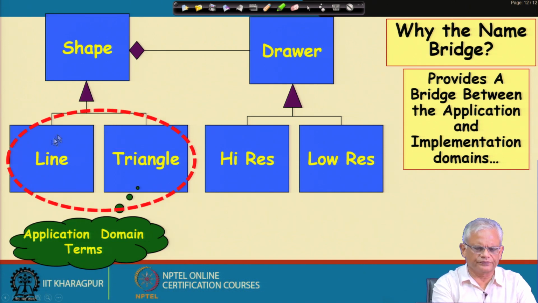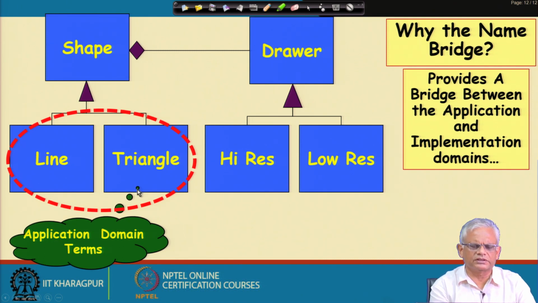So, this is the abstraction hierarchy where the terms line, rectangle, etc., are invariant with respect to the specific implementation, whether it is a desktop, a smartphone, an embedded application, or an animation.